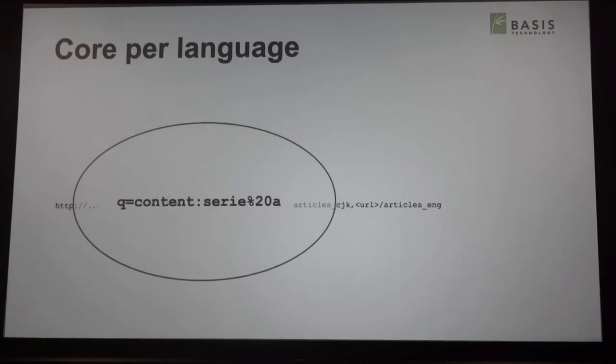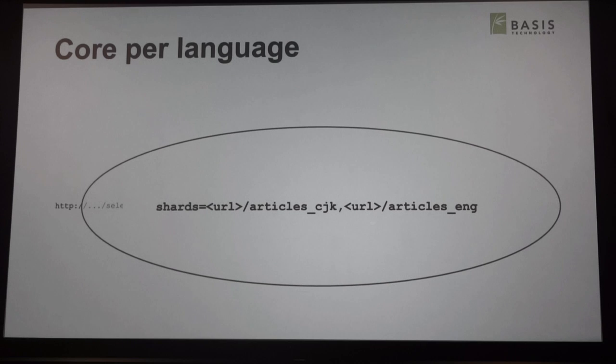So how's the query different? Your q param is a little bit different. So rather than just a string where you don't talk about fields, we are going to specify the field here. So we're going to say find within the content field this string Serie A. And the difference between the last approach and this is that whereas the last approach used Dismax and its capability of listing fields, here we're using a feature of Solr.